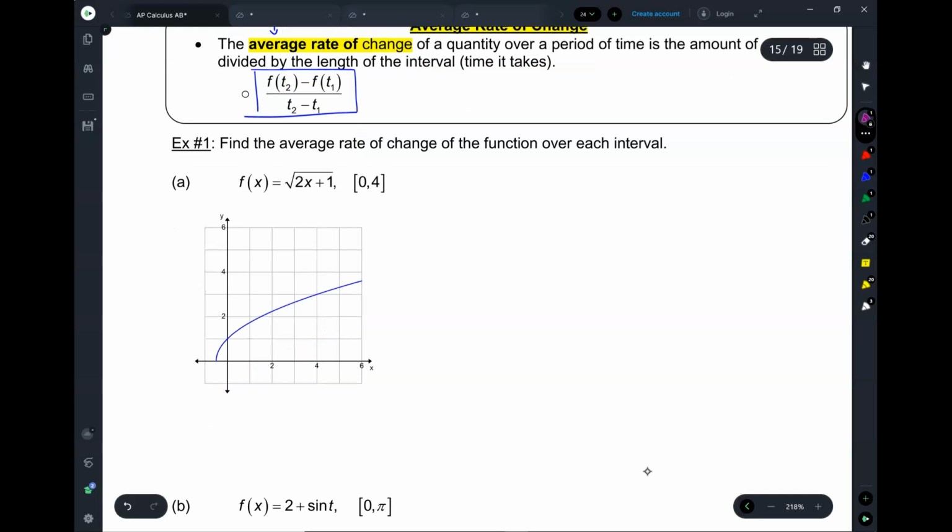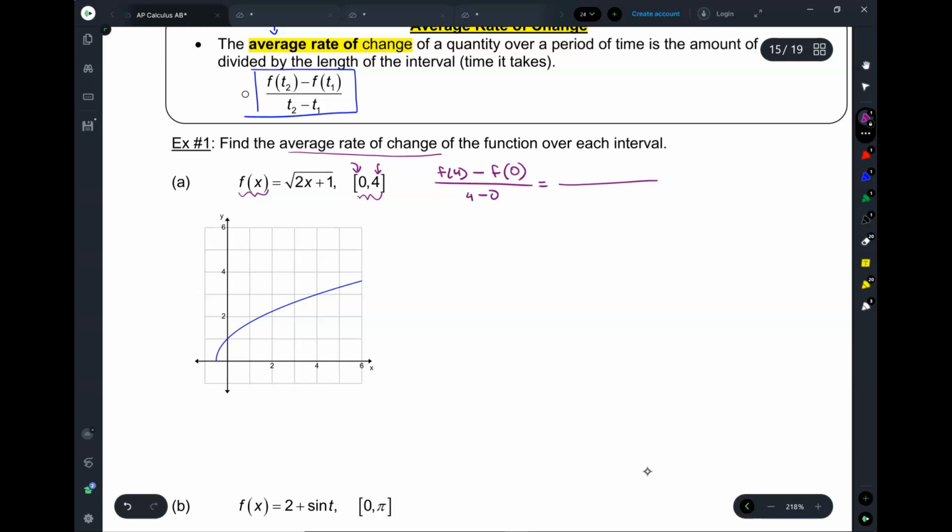We're going to be given an f of x and an interval, and we're going to find the average rate of change of the function over the interval. So it's like, 0 and 4, it's like t1 and t2. So what you want to do is the formula, like that I put in a blue box over there: f of the second number 4 minus f of the first number in the interval 0, all over 4 minus 0.